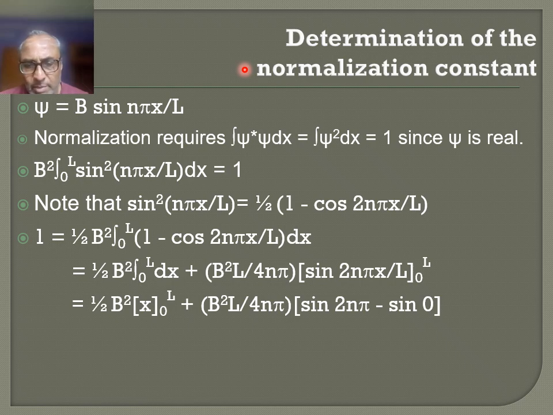The last two terms are 0, and therefore this gives 1 is equal to half b squared L, or b is equal to root 2 by L.